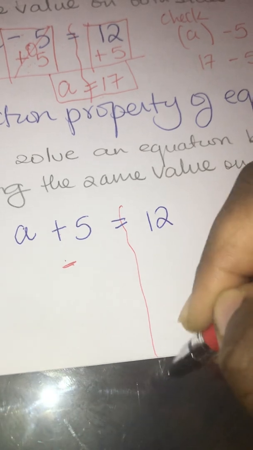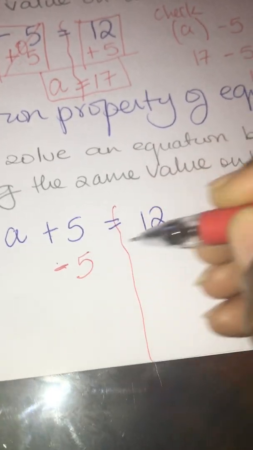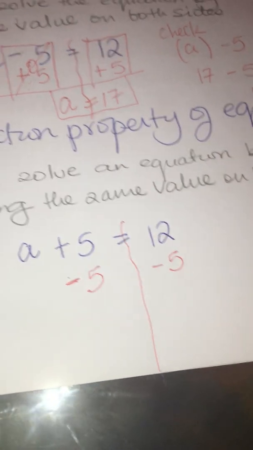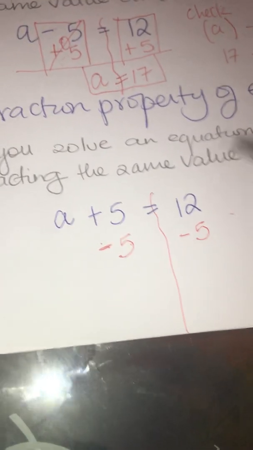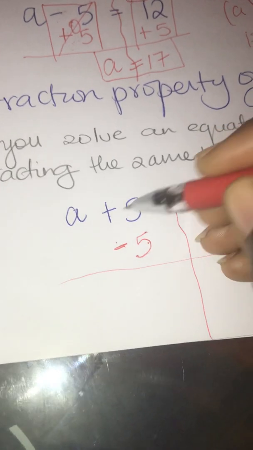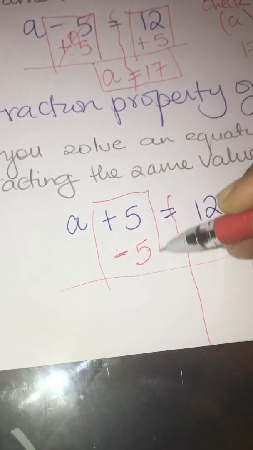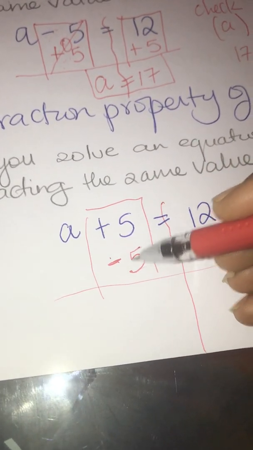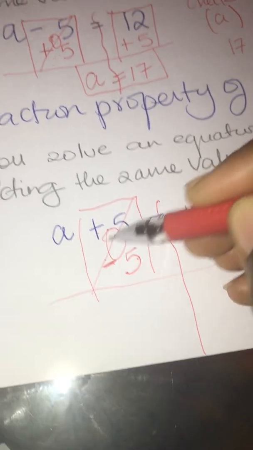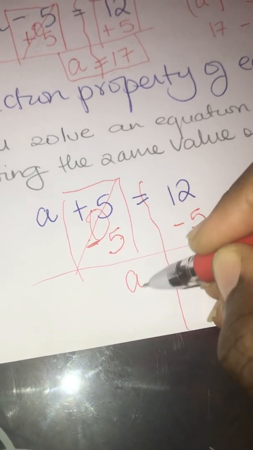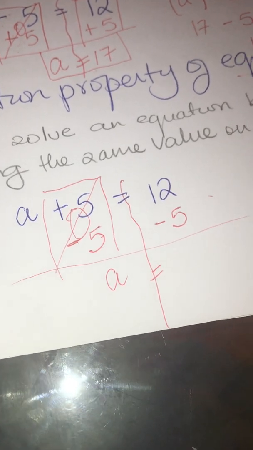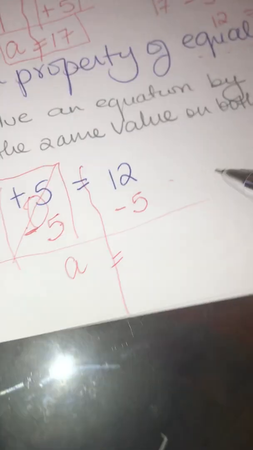Draw your bridge first. I will minus the same value on both sides. That is why it's called equality. Use the same value on both sides. A number plus its opposite will give us 0. So we got A equals 12 minus 5, which is what? That should be 7.